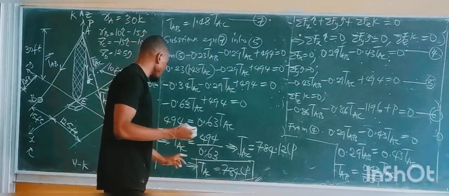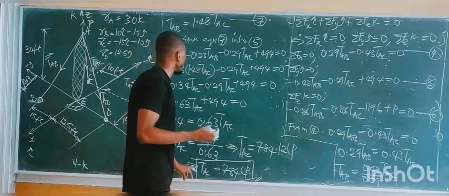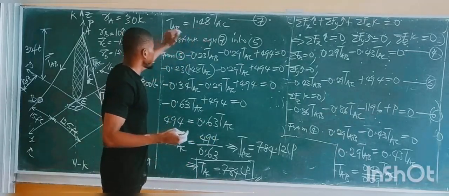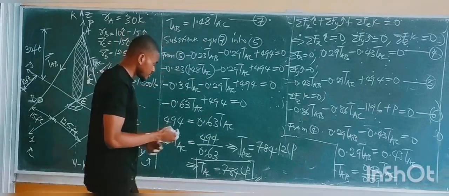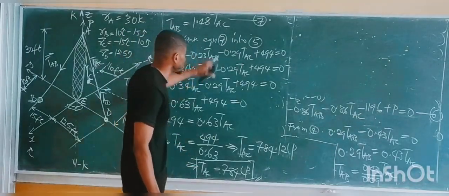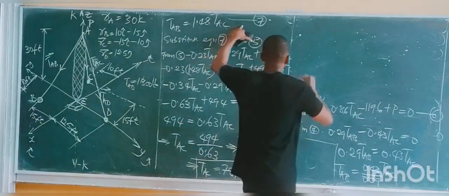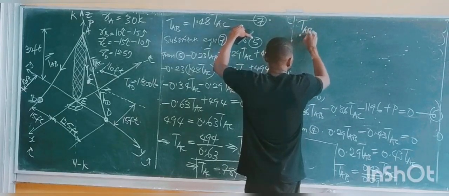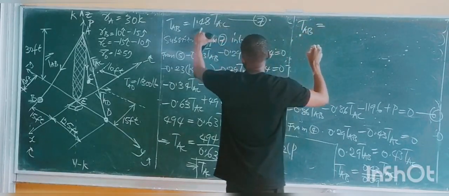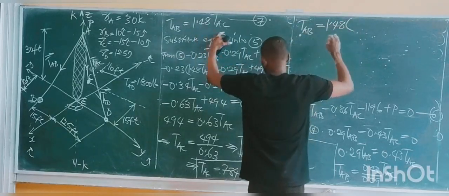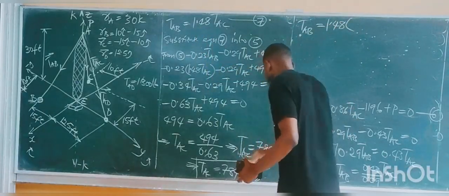Now, having found the tension in the AC, all we need to do is simply substitute that into equation 7 to obtain the tension in the AB. Equation 7 gives us TAB is equal to 1.48, and in place of TAC we put in 784.